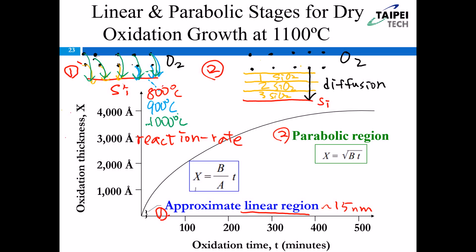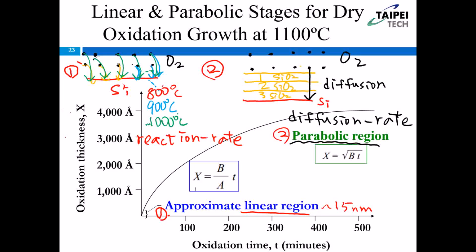Then we can grow the silicon dioxide, okay? So for the second stage, we call it the parabolic region. It means for this moment, the diffusion rate controls the growth rate, okay?